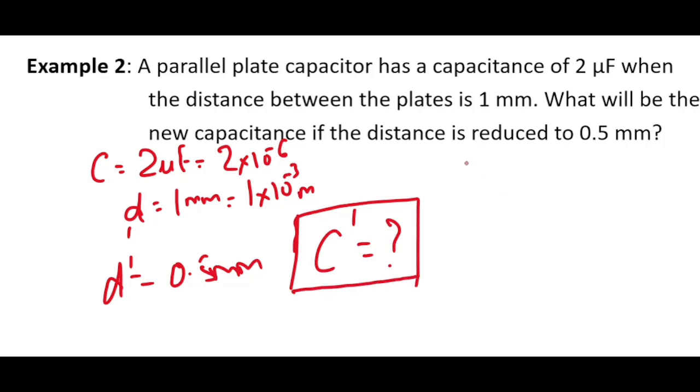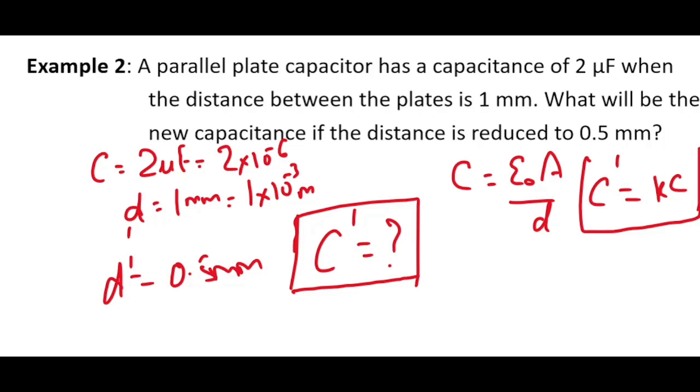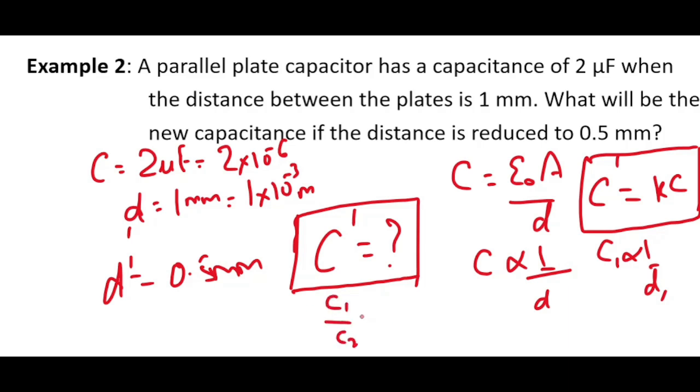Okay, we know C is equal to epsilon naught A by D. So see, simply you can apply: C is inversely proportional to D. So C1 is inversely proportional to D1, or C1 upon C2 is equal to D2 upon D1.